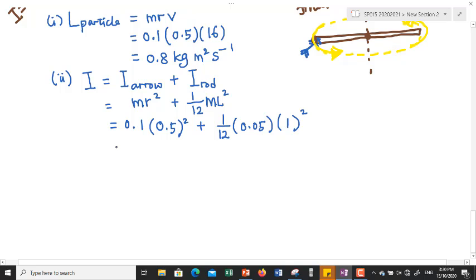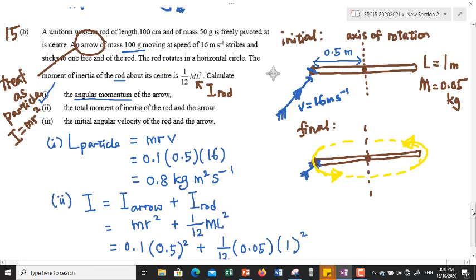Then we do our calculation. We will get the total moment of inertia of the system as 2.92 times 10 to the power of negative 2 kg meter squared. Okay, so we settle question 2.